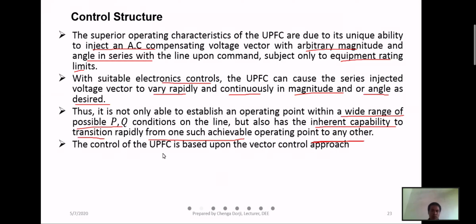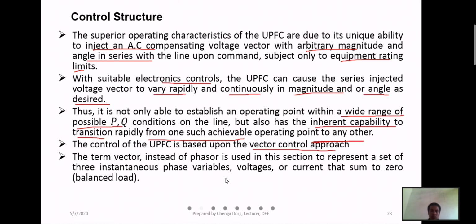Then the control of UPFC is based upon the vectoral control approach, similar to TCSC. In this section we are using the term vector because it represents a set of three instantaneous phase variables, voltage or current, that sum to zero, which means a balanced load.